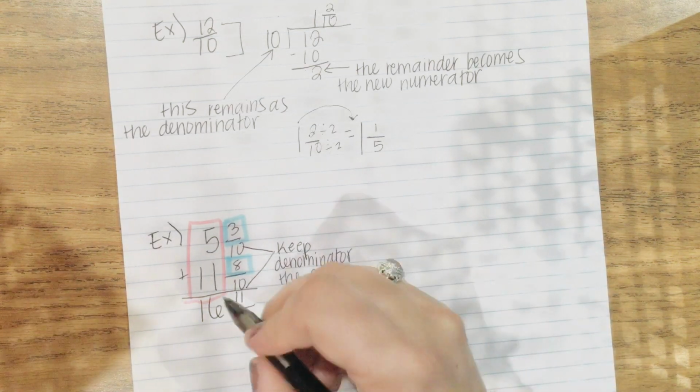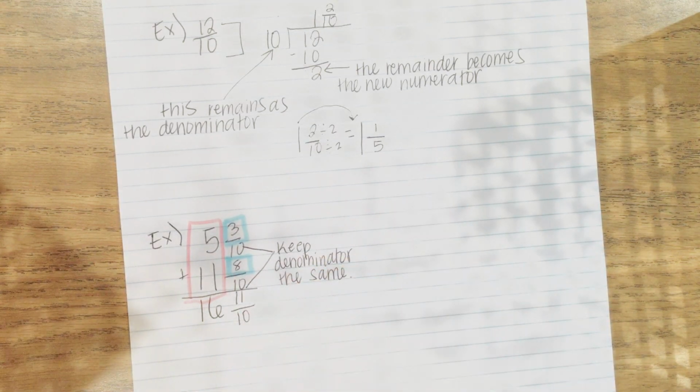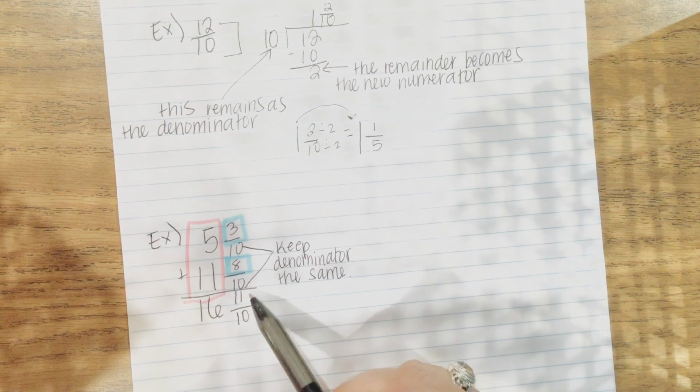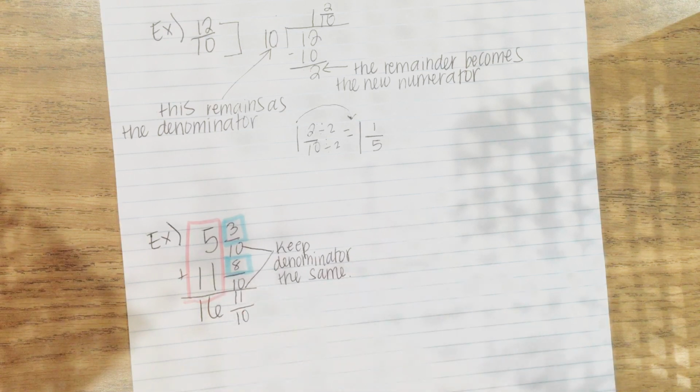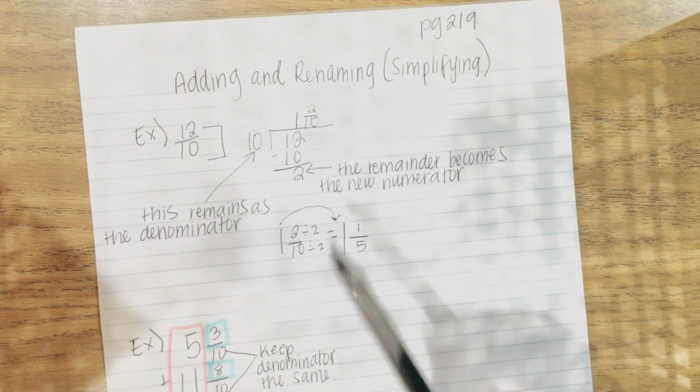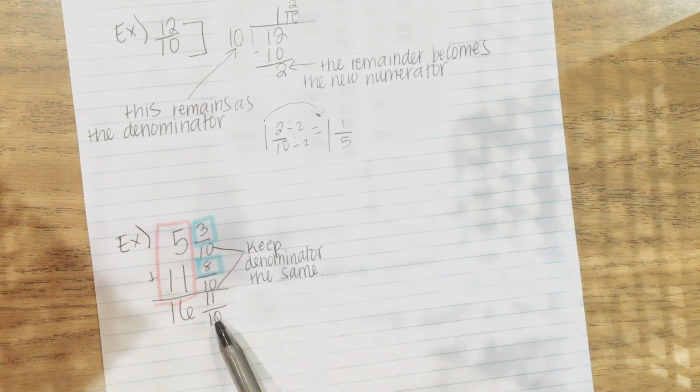We bring it down, 10. But now we added all this together. Now we have to change this improper fraction, 11/10, to a mixed number. So just like we've done up here, that's what we're going to do for 11/10.